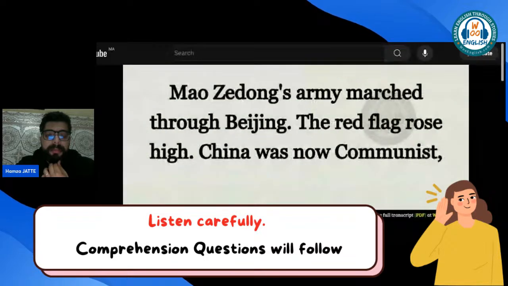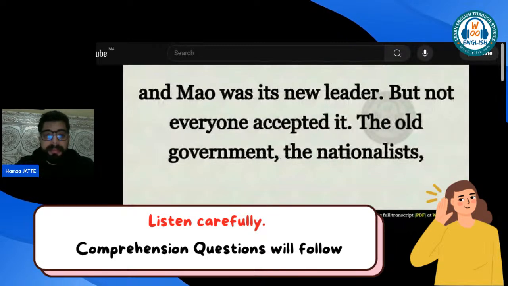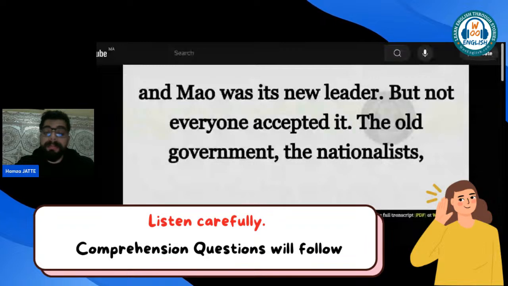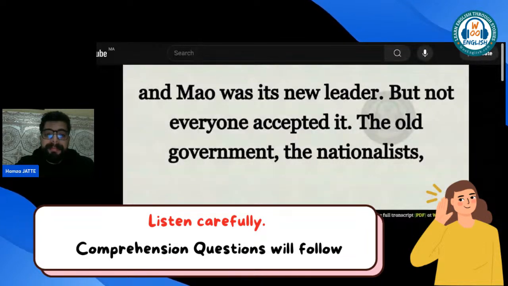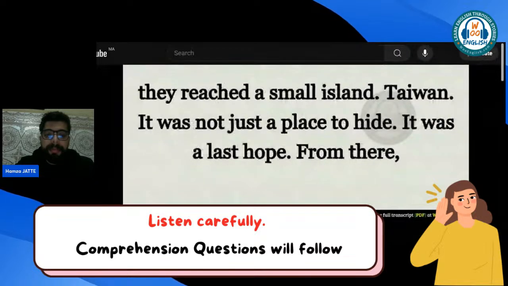Mao Zedong's army marched through Beijing. The red flag rose high. China was now communist, and Mao was its new leader. But not everyone accepted it. The old government, the nationalists, had lost the war. They had fled, 2 million people, soldiers, politicians, families. Across the sea, they reached a small island, Taiwan.